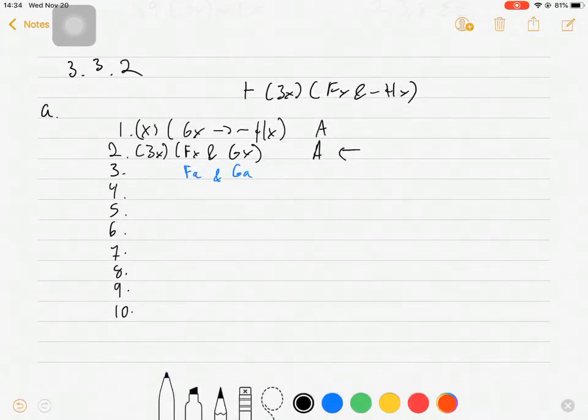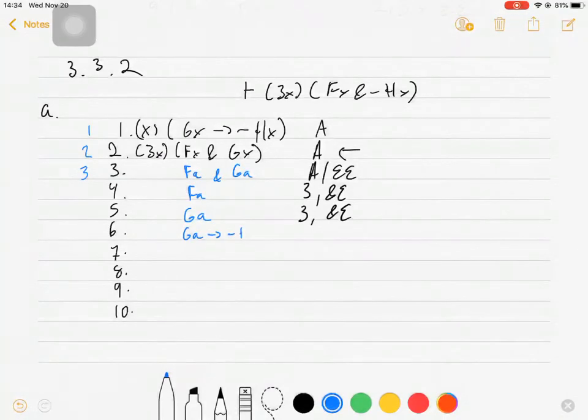So let's go ahead and start an assumption for the sake of EE. And we'll break those down. Then we can go back and do one with UE.